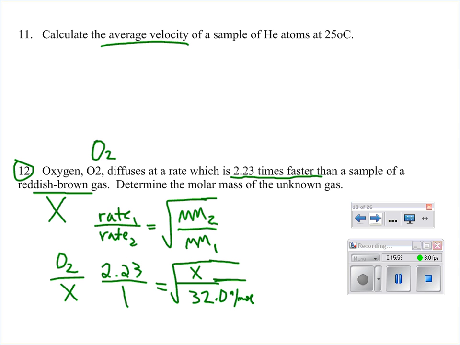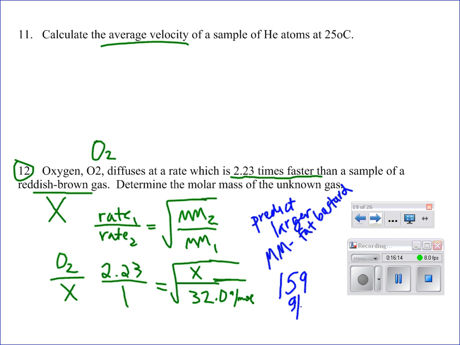Bigger because it's slower. So we're going to predict larger. Go ahead and solve and tell me what the molar mass is. So 159 grams per mole.